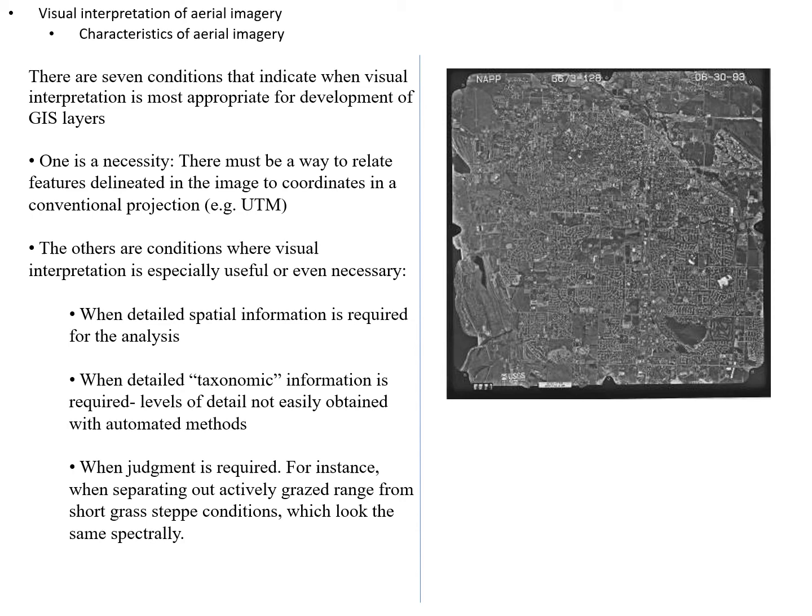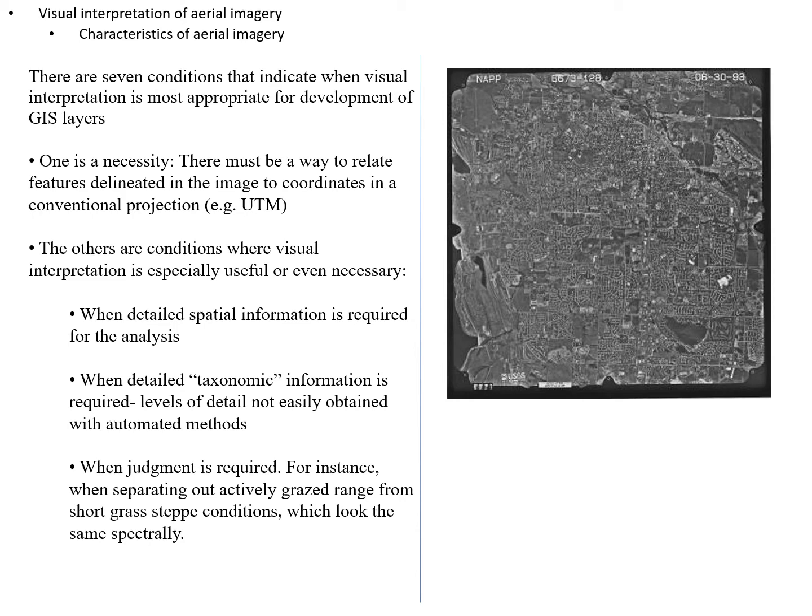So if you want levels of detail where you want to be able to put each cover class that you identify in the context of a larger classification with coarser levels, that might be a reason to do visual interpretation.